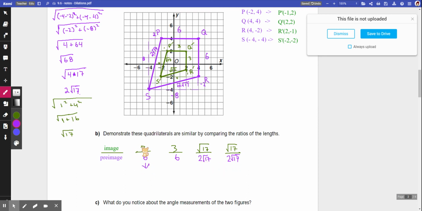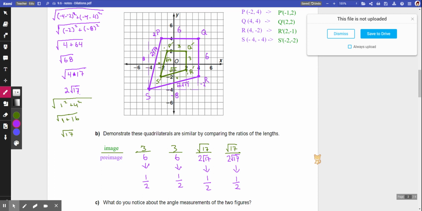So when I simplify those fractions, 3 over 6 is 1 half, 1 half. The square root of 17 is going to cancel out and leave me with a half. So I got a half every time, which is the scale factor that I started with, and so that's the answer that I should have.